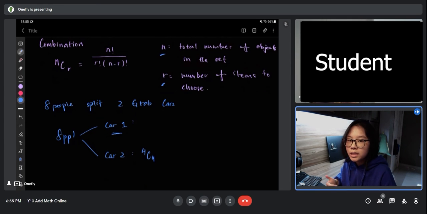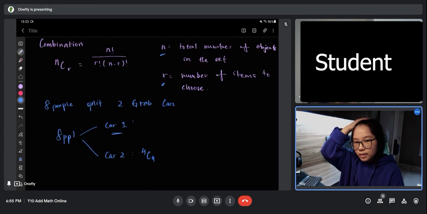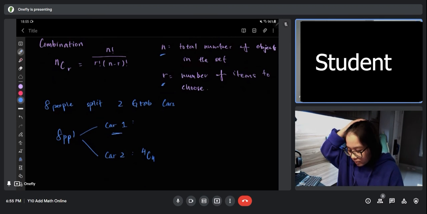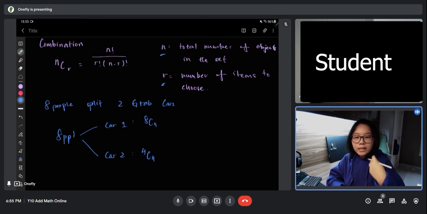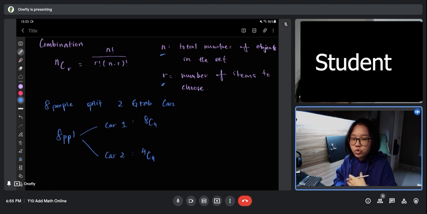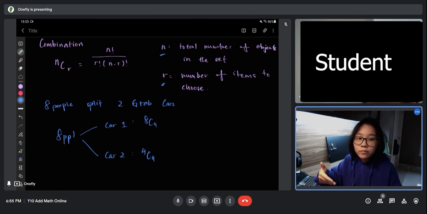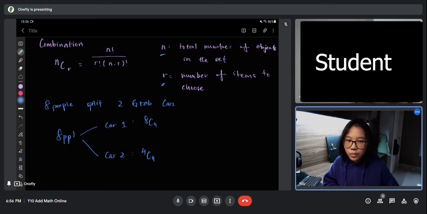So what's C what? 8C4. Then how we got 4C4 is because after you choose 4 and shove them in the car already, you are left with 4 people. That's why your total objects is 4, and then you choose 4 more to shove inside the car. That's why 4C4.